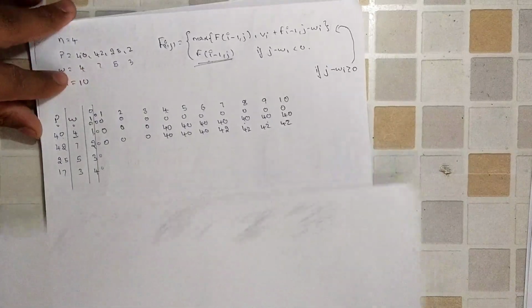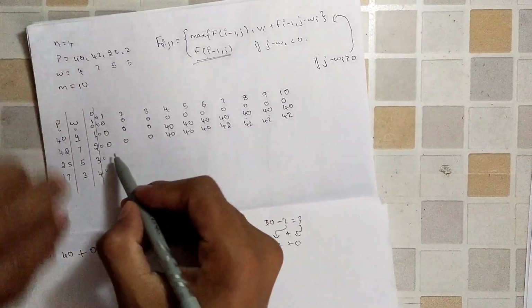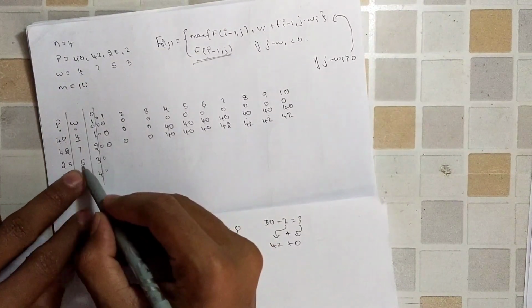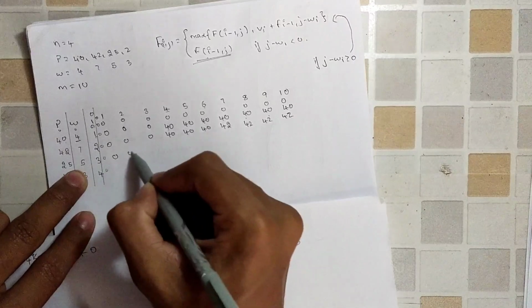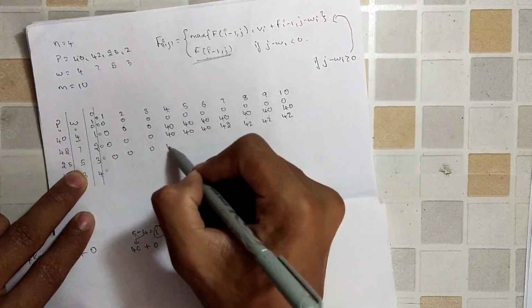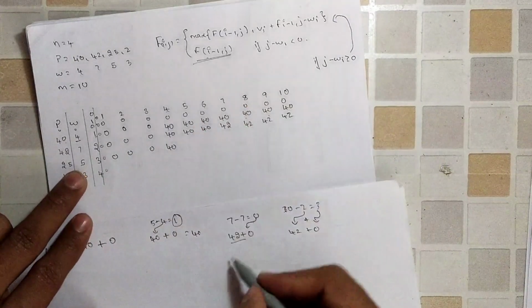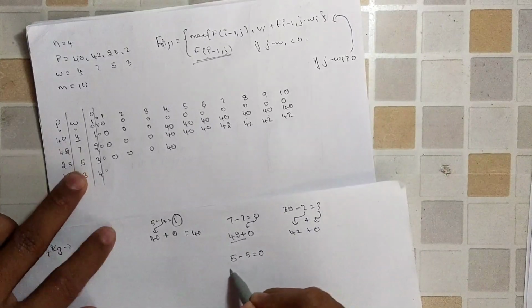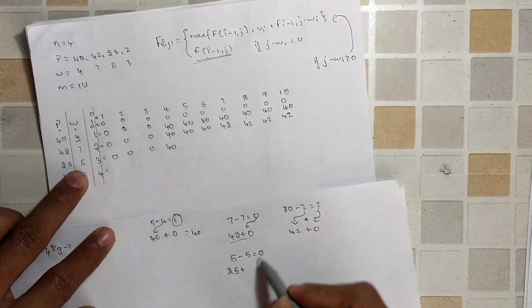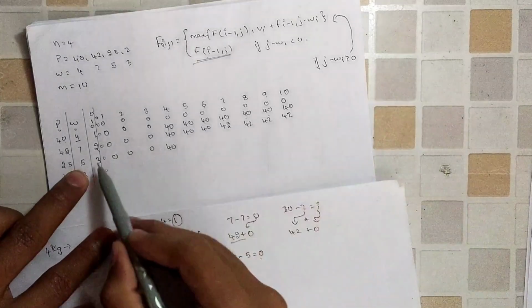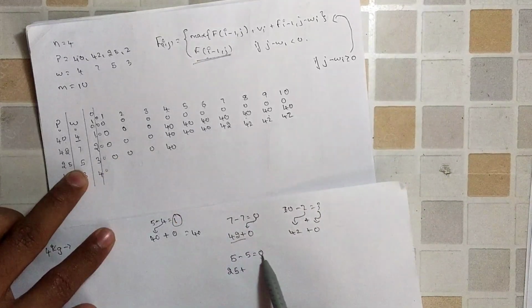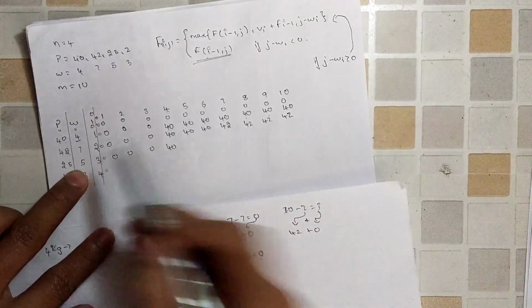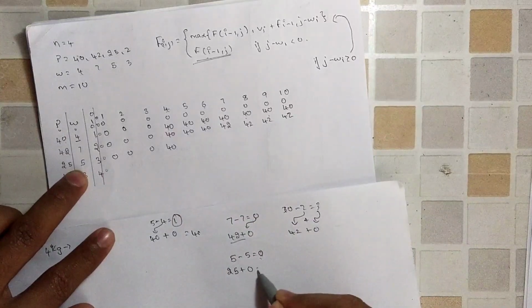Now coming to the third item, if you have to insert this third item, see here, it comes under the fifth weight position. Now this will be 0 itself, right? And here it will be 40. Now coming to the fifth place, 5 minus 5 equals 0. So what is the profit of 5? That is 25. Plus we have to add the profit at the previous row, the i minus 1th row, 0th profit. So it's 0 itself. So 25 plus 0 equals 25.